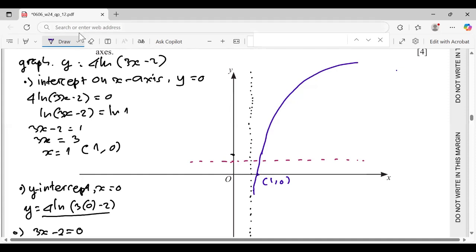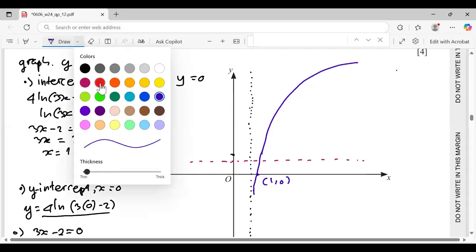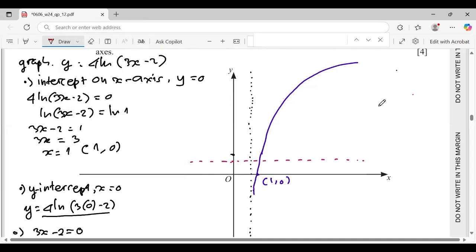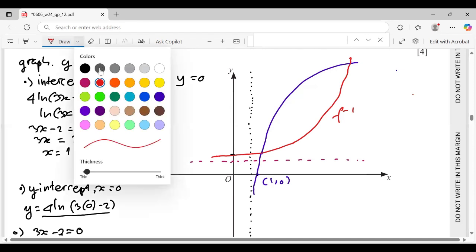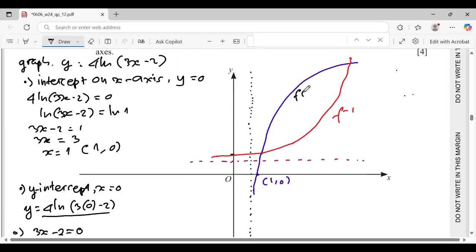Then f inverse is here. This is the graph of f inverse, and this is the graph of f(x).